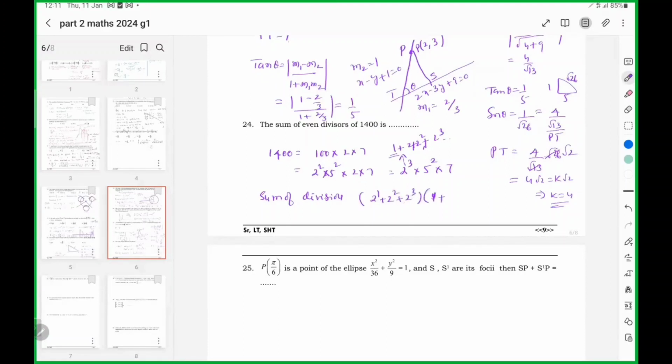Here you can consider anything, but 2 is a must to have an even divisor. So 10, 12 you get 25, 31 into 8.